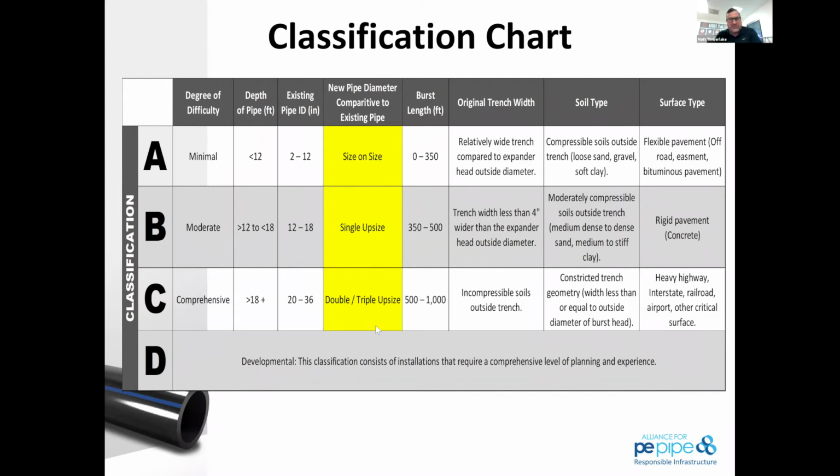Out west, in the desert, the pipe will be laid in a small trench that was almost jackhammered to fit the pipe in, versus a relatively wide trench width compared to the new pipe. So if you're putting an 8-inch pipe in a trench that was dug with a bucket this wide, that's not going to require a lot of additional planning.